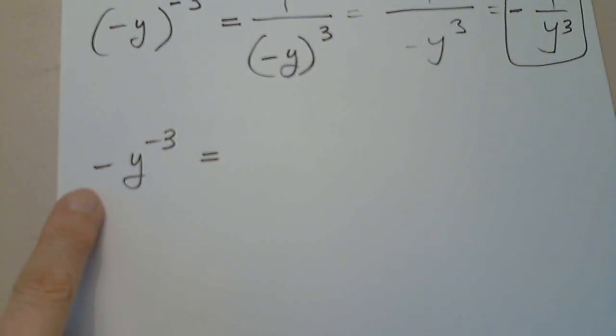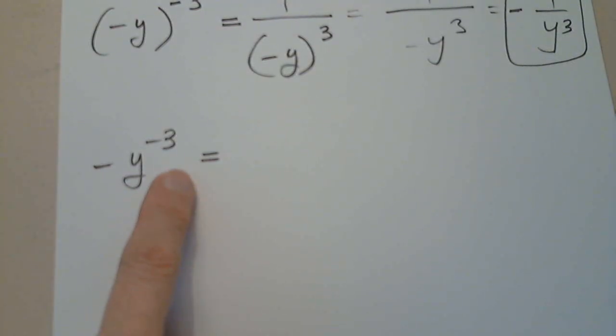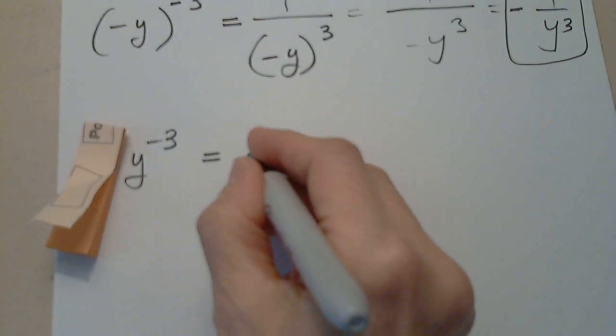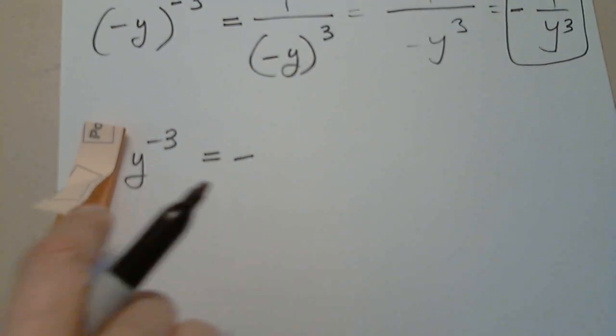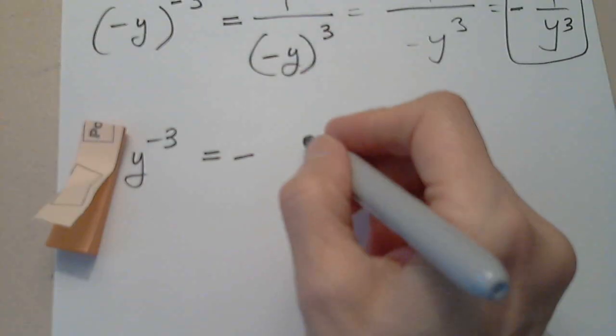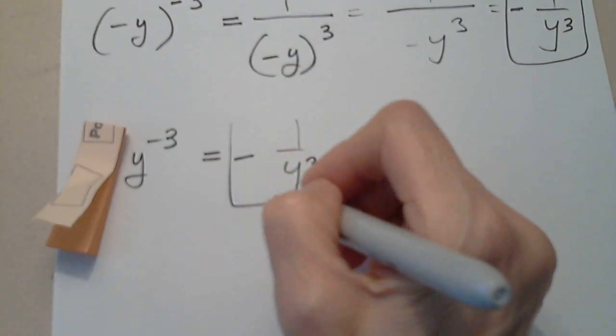The negative 1 is not under the umbrella of negative 3. So you have to wait. So keep negative 1 in front and then change this. How would I change y to negative 3? What does it represent? One over y to the third. Exactly, that's it. You cannot do anything else here.